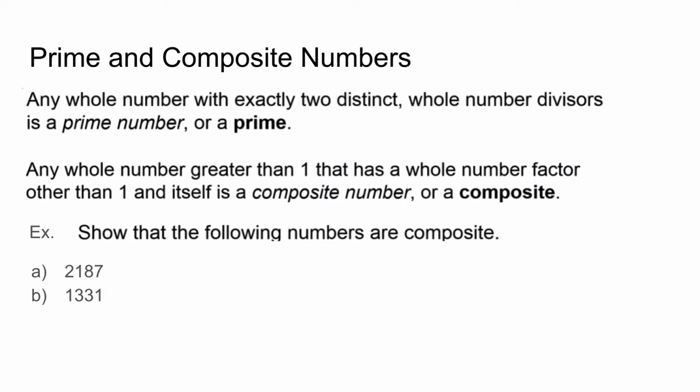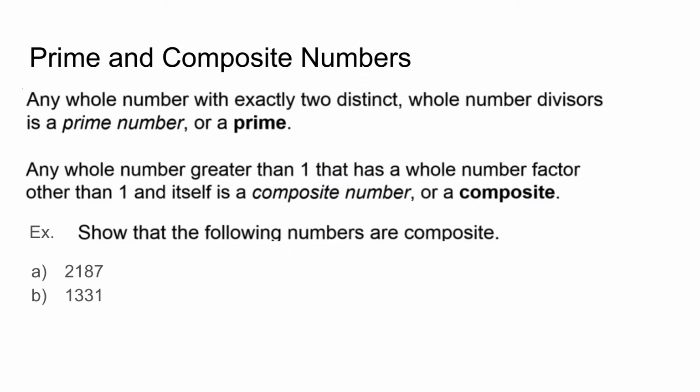Let's pick another number, 4. Well, 1 times 4 is 4, so we have two factors there, but are they the only two factors for 4? Not really, right? Because we can also have 2 times 2. So the factors of 4 are 1, 2, and 4. How many are there? 3.